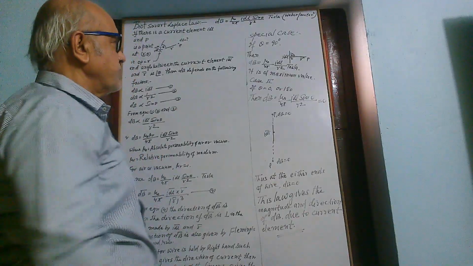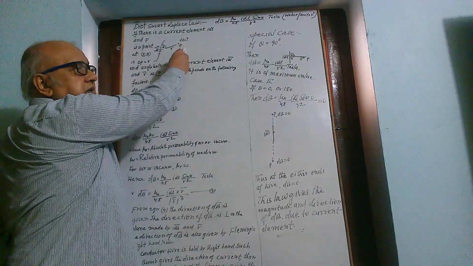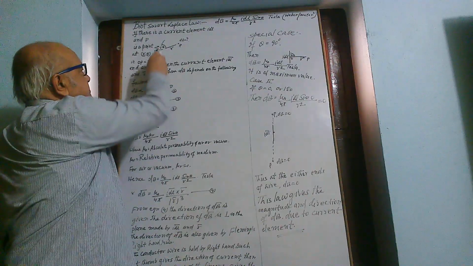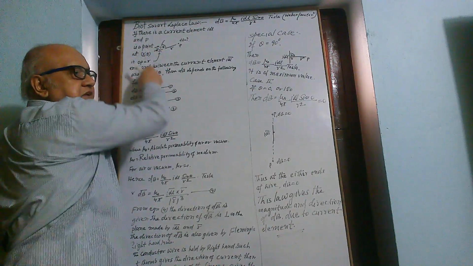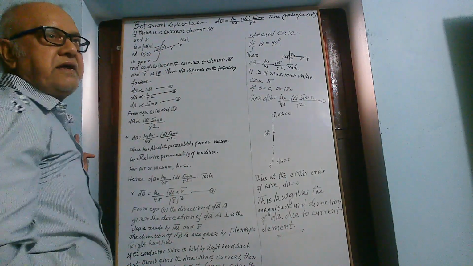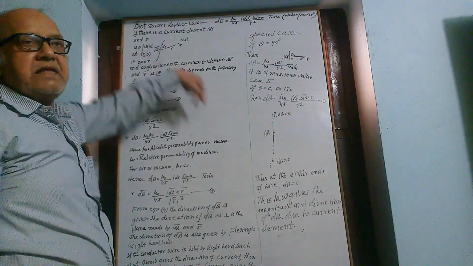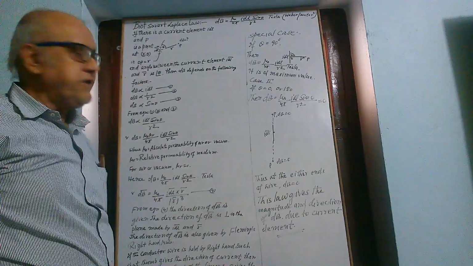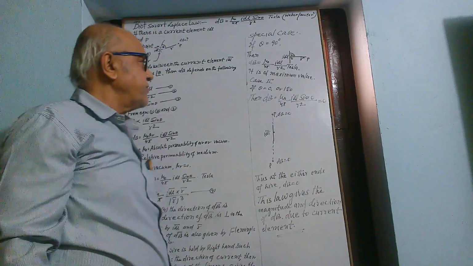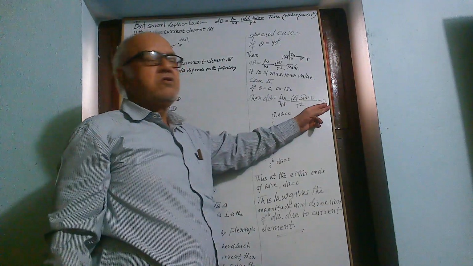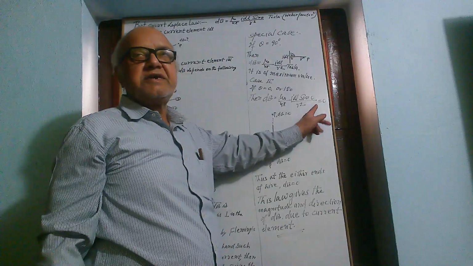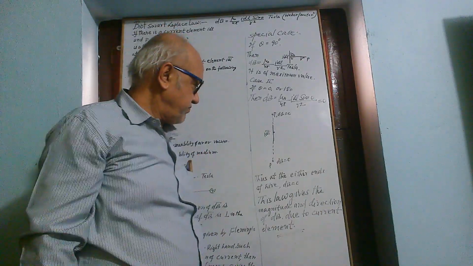If the point P is taken towards the opposite of this straight line, opposite of this Idl, that is, if point P is here, then the angle theta will be 180, and in this case also dB will be 0 because sin 180 is equal to 0.